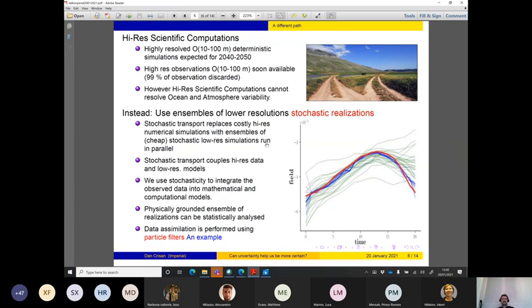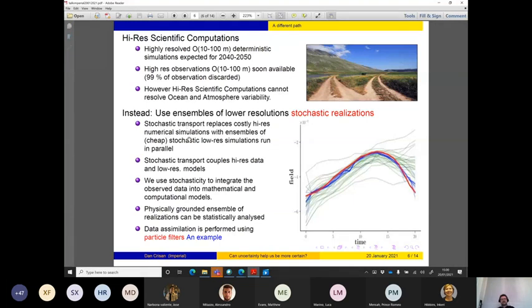Try to make the models uncertain in such a way that these perturbations, these hidden differences between the coarse resolution and the refined resolution, are modeled by this stochasticity.